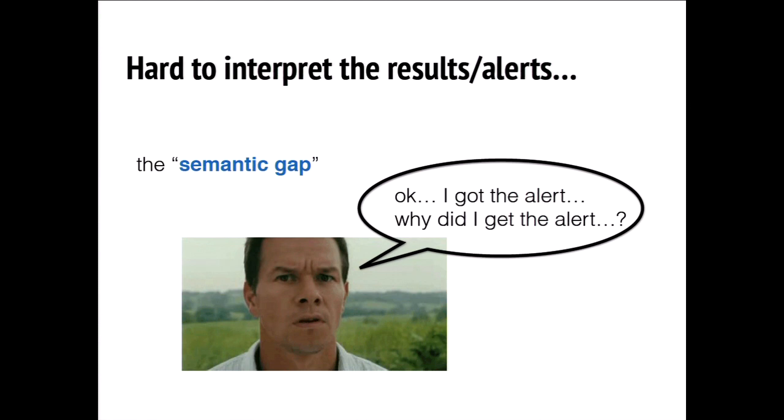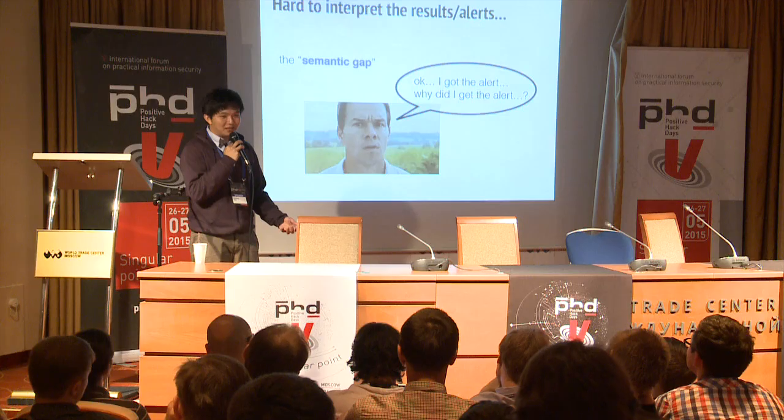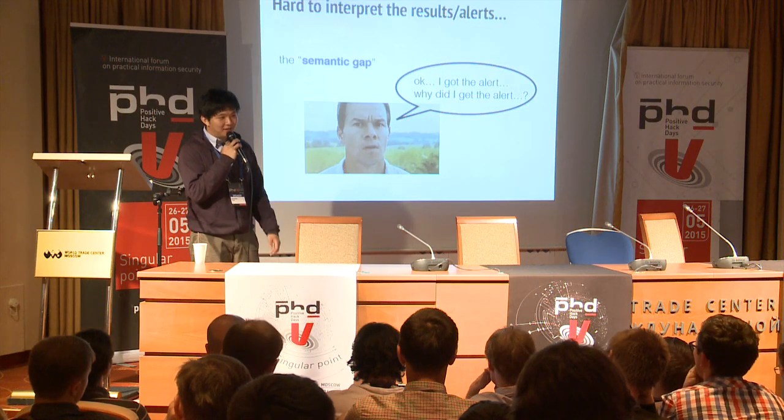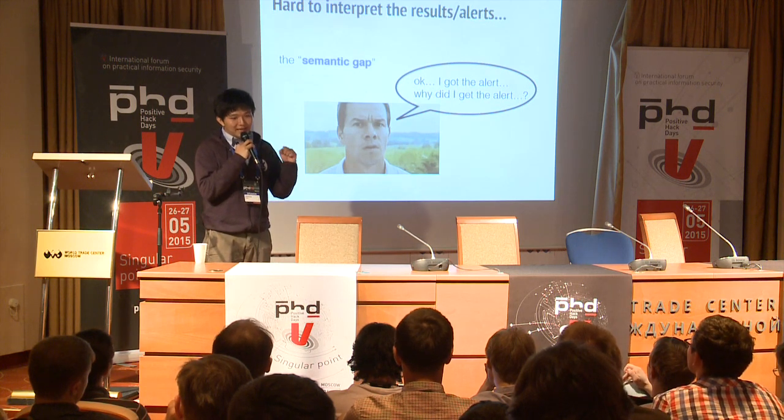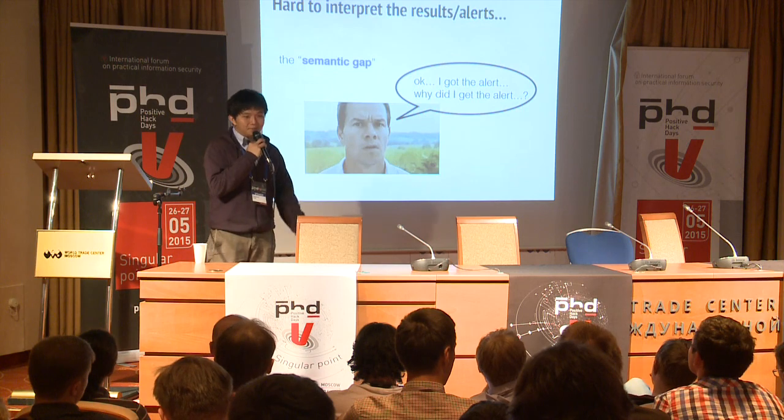Second, there's this thing called the semantic gap, which is what we mentioned earlier. You get an alert from this machine learning model, and then you're not sure why you got the alert, because it looks normal to you. You're not sure if it's a false positive or a true positive, so it's hard to explain.